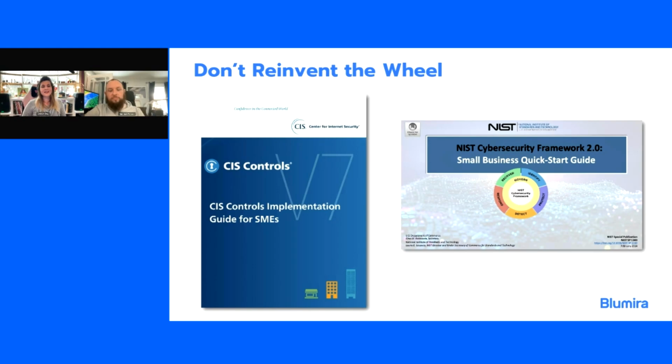CIS calls it their small to medium enterprise guide. But these are great because they are much more digestible. They're in the range of 10-page PDFs, and they break it down into bite-sized pieces that give you specific questions to answer that help guide you in what you want to look at as your next step in terms of where to focus.